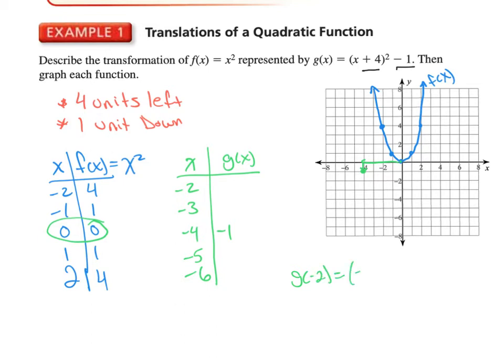So we plug in -2 plus 4 squared minus 1. We simplify that to be 2 squared minus 1. 2 squared is 4. 4 minus 1 is 3. So -2, 3 is that point.